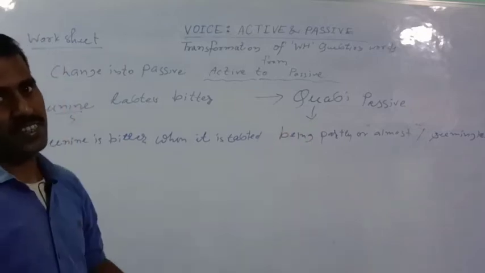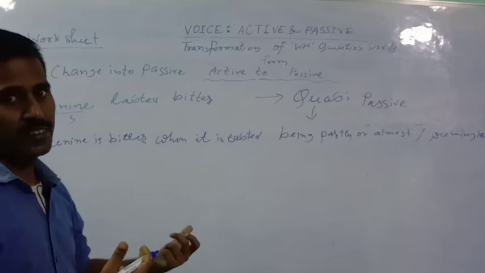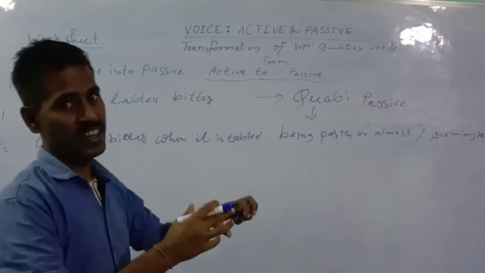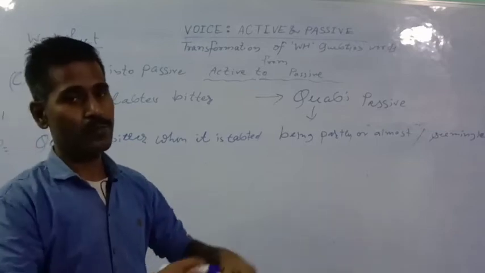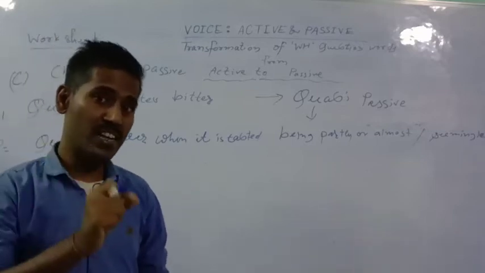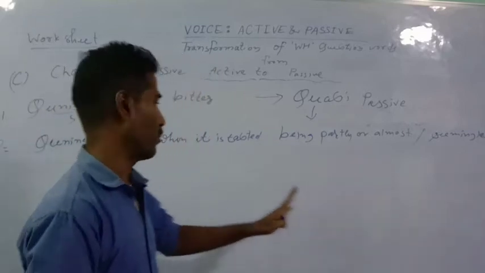Who has tested, that is not necessary to write here, because the stress is not on the agent. Who has tested is not our concern; our concern is that the taste of quinine is bitter. So here we will not mention the agent, by whom.